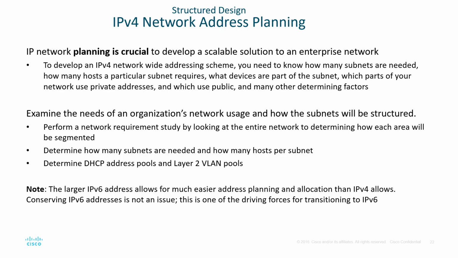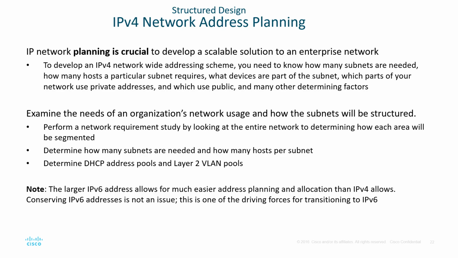You need to examine the needs of an organization's network usage and how the subnets will be structured. So you're going to perform a network requirement study by looking at the entire network to determine how each area will be segmented. You're then going to determine how many subnets are needed and how many hosts per subnet.